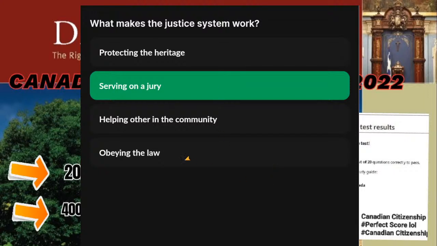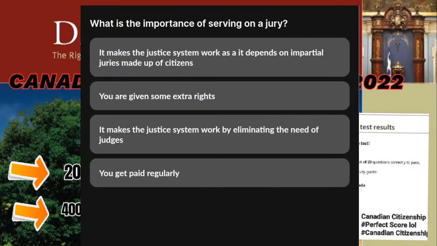Next question. What is the importance of serving on a jury? It is A, it makes the justice system work as it depends on impartial juries made up of citizens. B, you are given some extra rights. C, it makes the justice system work by eliminating the need for judges. Or letter D, you get paid regularly.